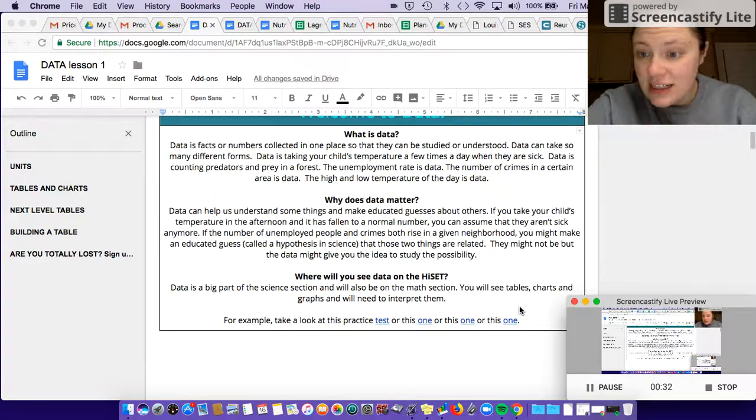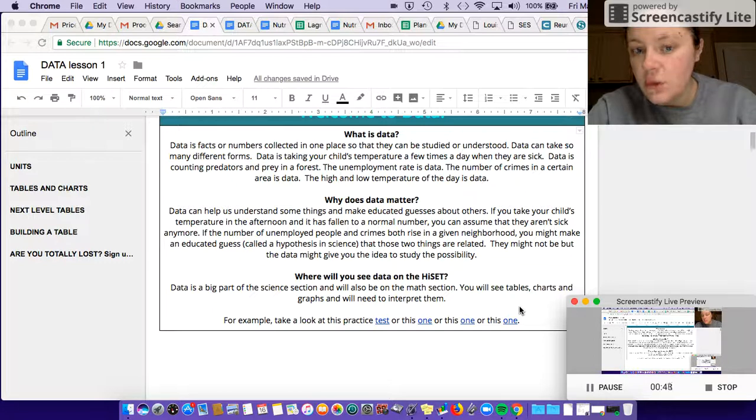This is data. It is one of the two foundation classes for the science area. The mission is to get you ready for the HiSET because the HiSET has questions on there that require you to interpret tables and graphs.